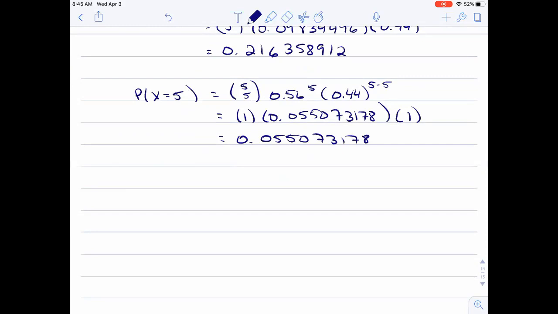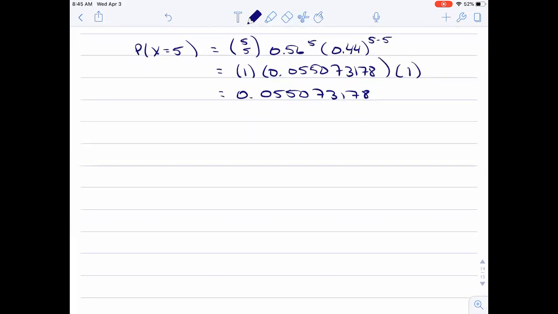It's going to be important to keep all your decimal places, because sometimes the difference in the probabilities can be really, really small, especially if you have to subtract probabilities later. That could happen, it won't here, but when you're adding or subtracting probabilities, you need to make sure that you've got the most precise answer that you can have.